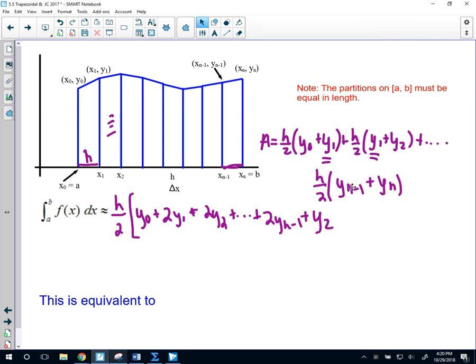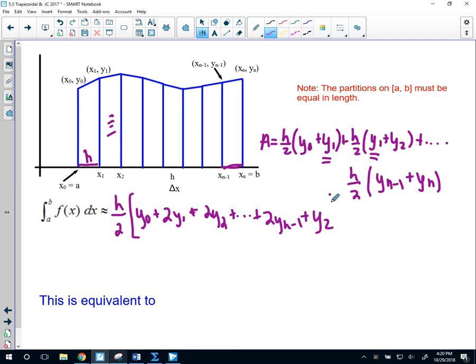So your simplified formula looks like that: y naught plus 2y1, and so on. Basically, without me reading it all over again, the first base is multiplied by 1, everything in the middle is multiplied by 2, and the last base is multiplied by 1, all multiplied by the height divided by 2.